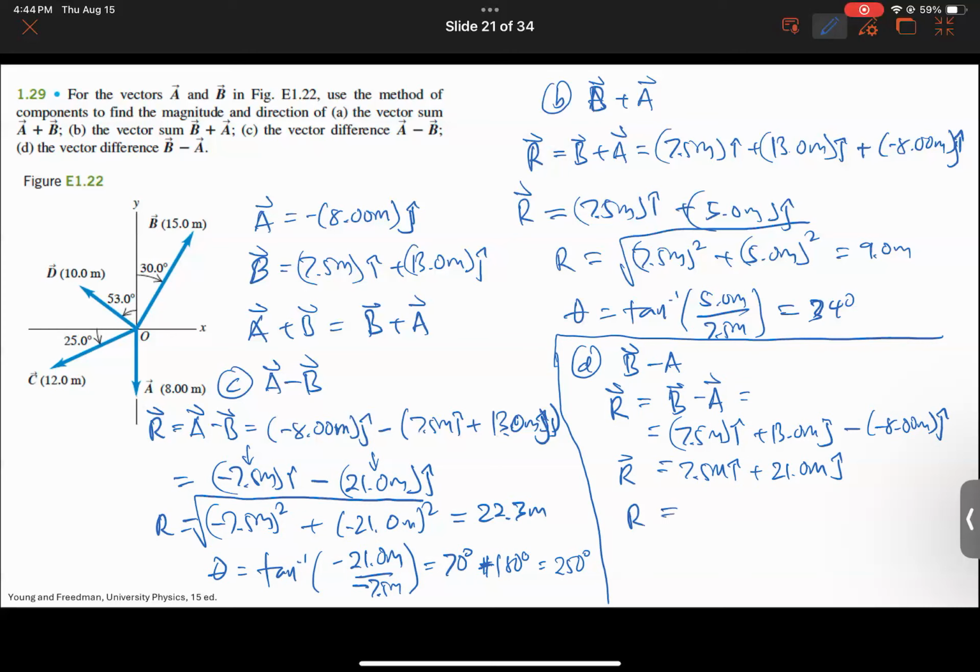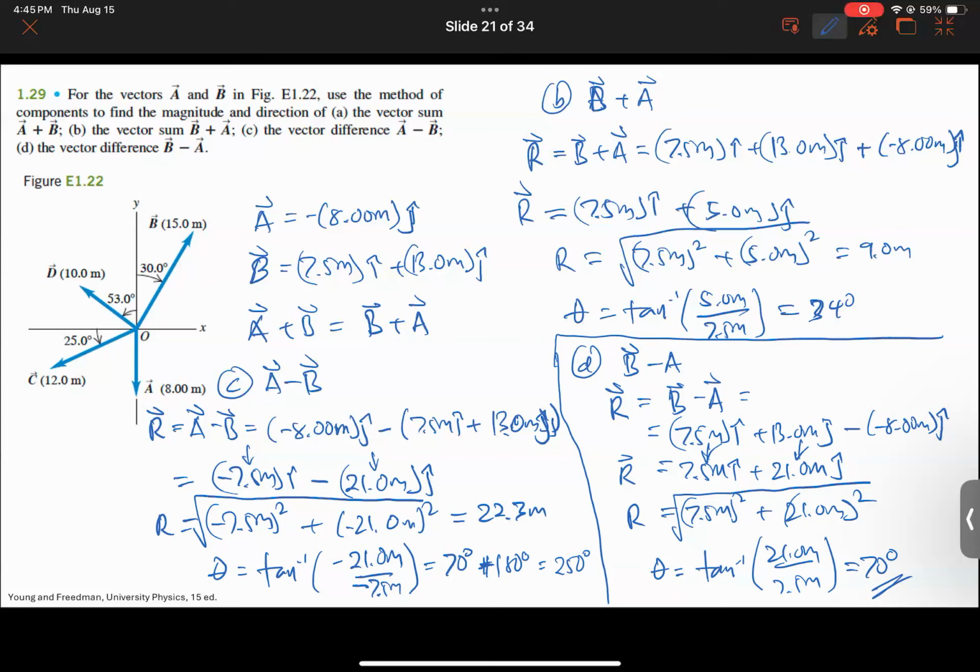So ang magnitude nito ngayon is 7.5 meters squared plus 21 meters squared, square root, and yung angle is tangent inverse ng 21 meters over 7.5 meters, which is 70 degrees. Okay, now this is nasa first quadrant kasi both x and y components ng resultant vector R ay positive. And binaw na tama na itong angle na ito.